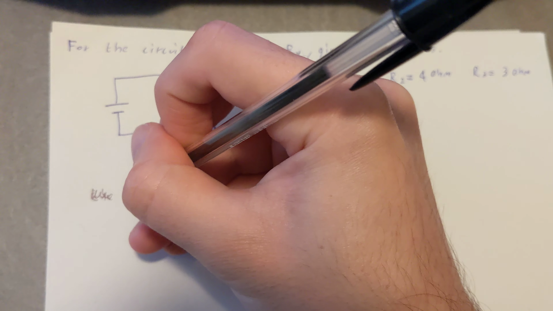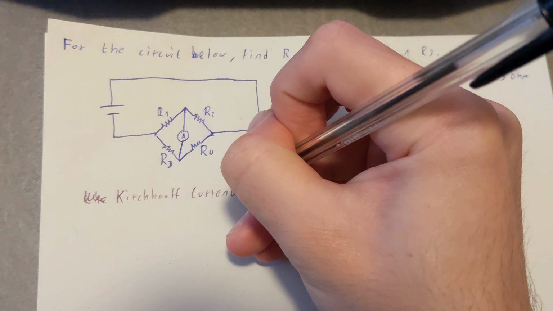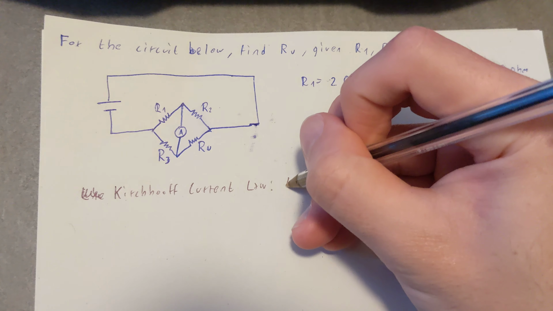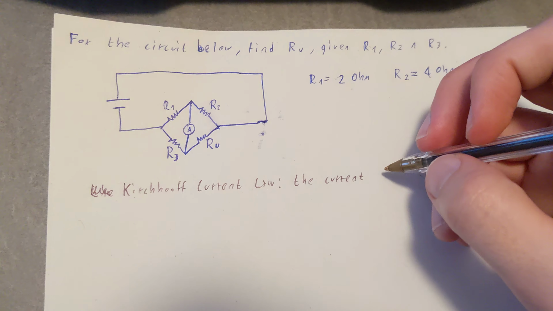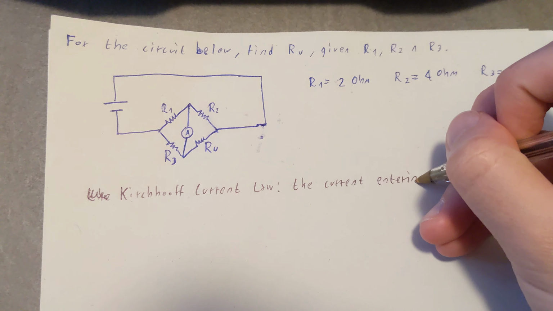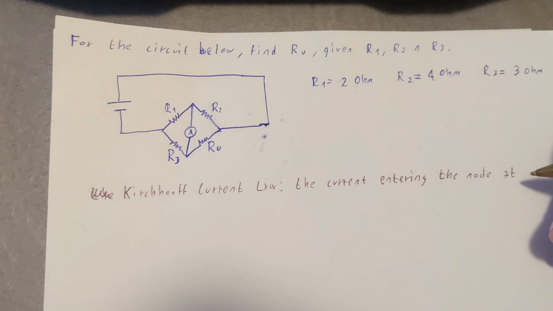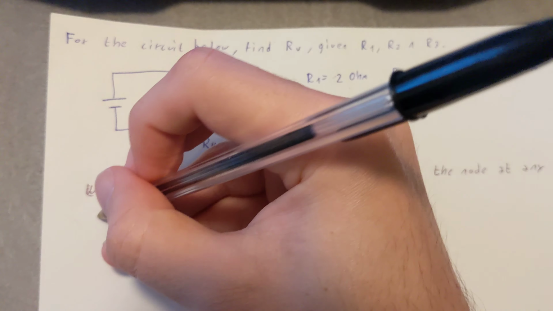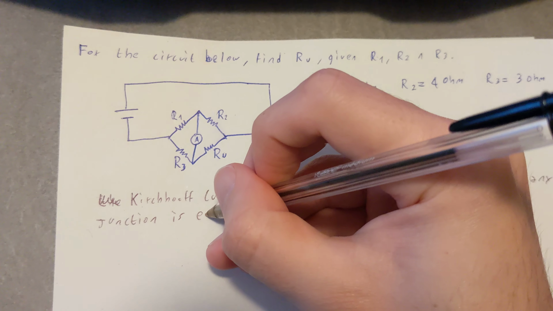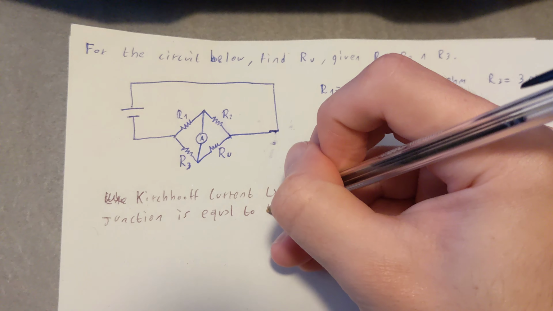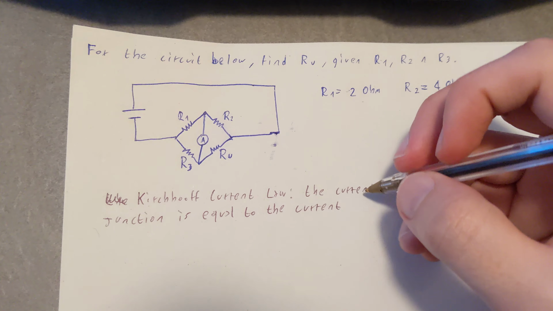Kirchhoff current law says that the current entering the node at any junction is equal to the current leaving that junction.